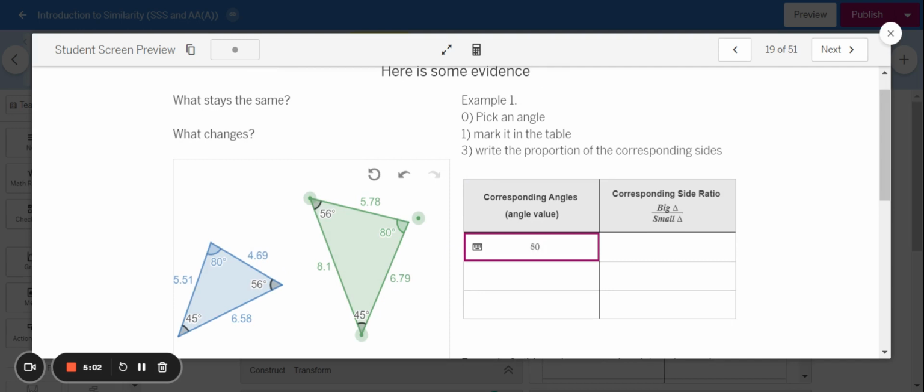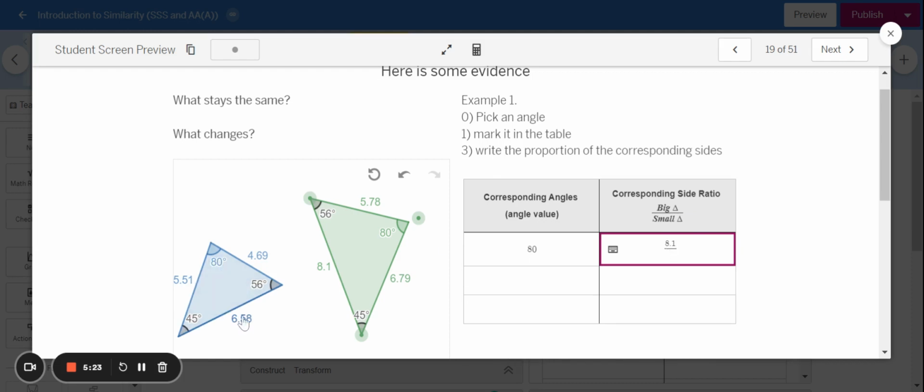I'm going to pick the 80, and then we mark it in the table. We're going to mark the proportion corresponding to it. So the 80 here is across from 8.1, and the 80 here is across from the 6.58. This fraction here tells me to do big over small. So I'm going to do the bigger number, which is 8.1, and I'm going to make it over the 6.58.